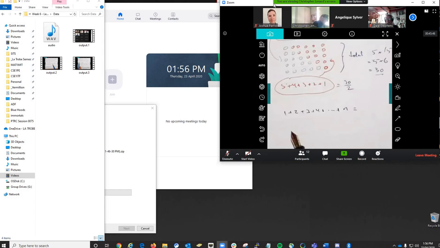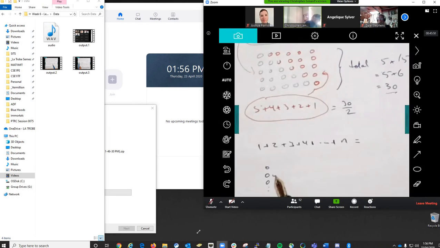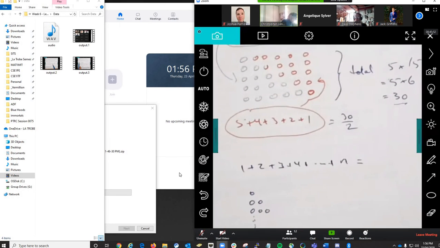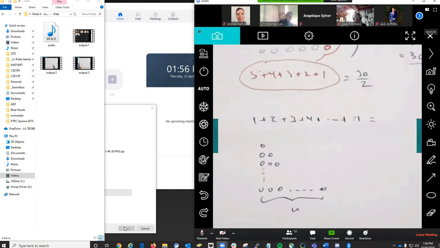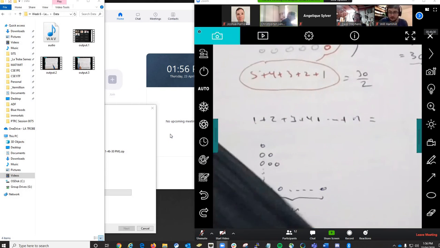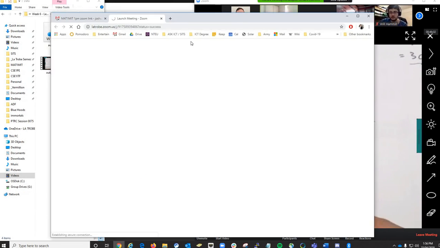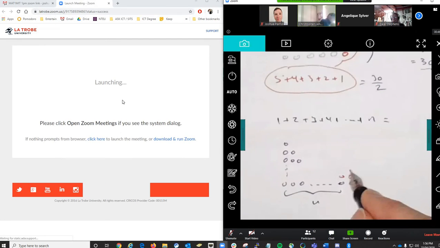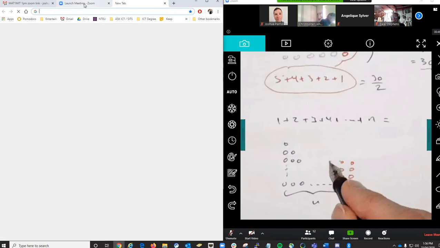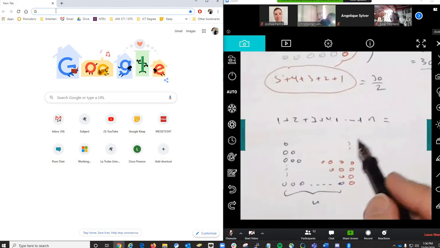So the way I do it is 1 there, then I fill out the triangle in reverse order.